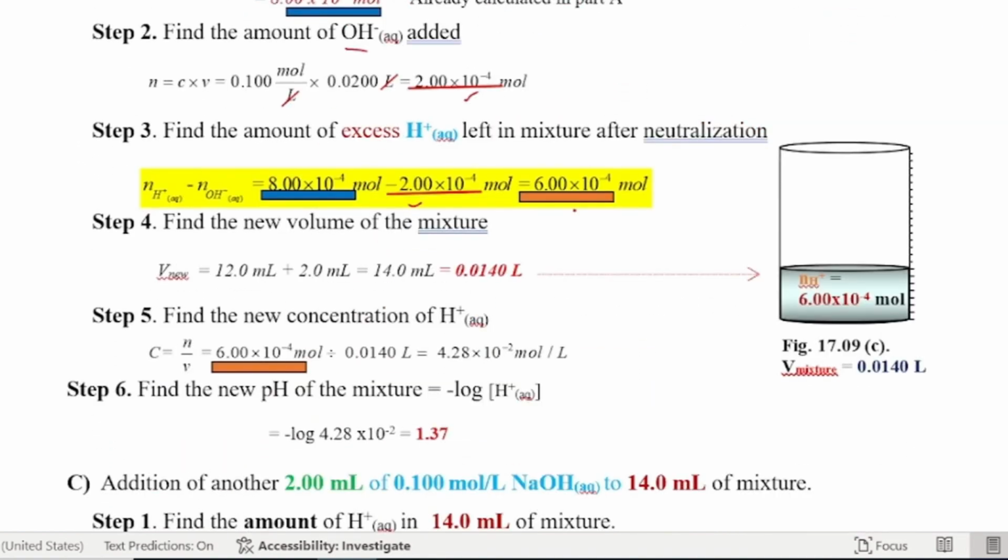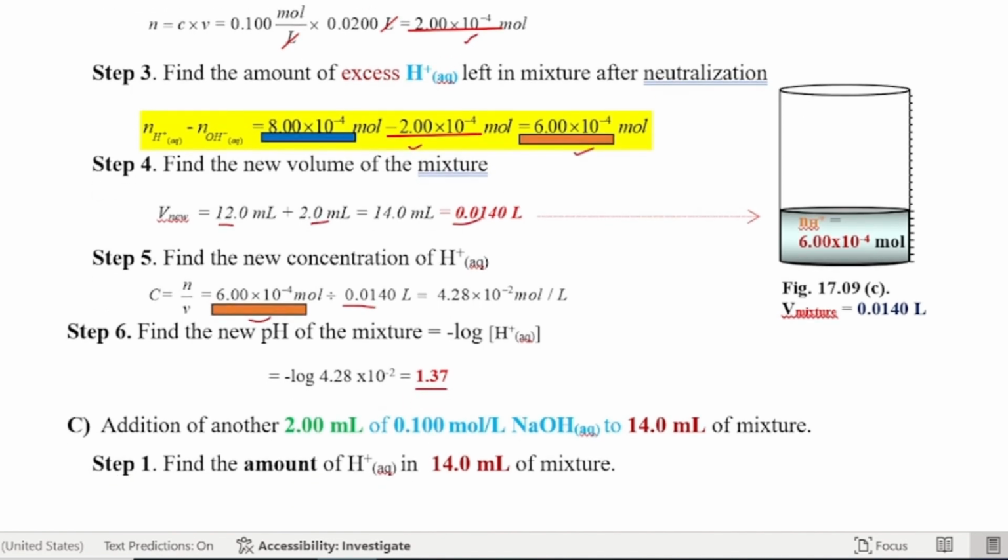So now we're left with a new amount of H in a new volume. See, that was 12. Now we're adding 2. You end up with 14, which is this. So the new concentration will be equal to n over V, which is this one here: we end up with a new amount divided by the new volume here. And it gives you this. The negative log of that, again, is 1.37. Why is it going up? You're taking out more of the H plus and you're adding some more volume.